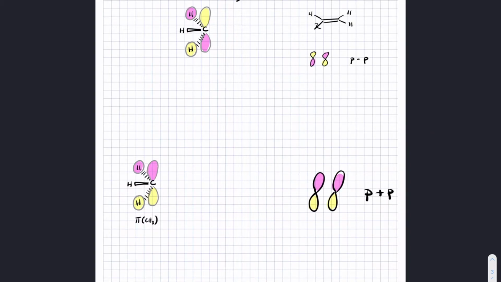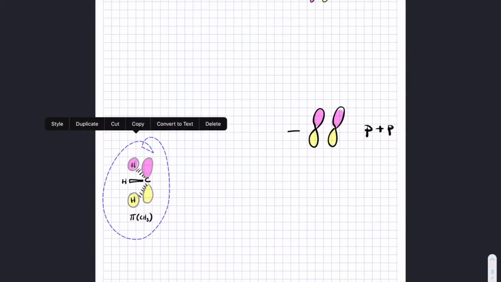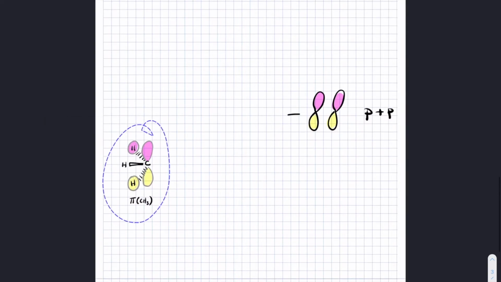So you can imagine, and we won't worry about their relative energy levels, I would predict that the pi CH3 is going to be lower in energy because it has s character from the hydrogens. So we could put it here, but it doesn't matter how far down we're putting it.